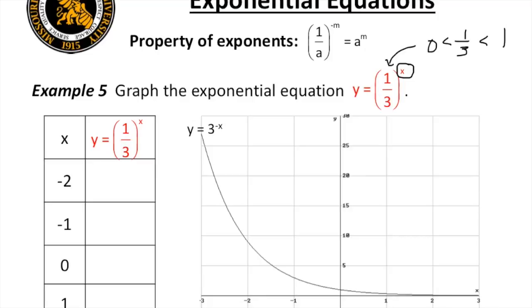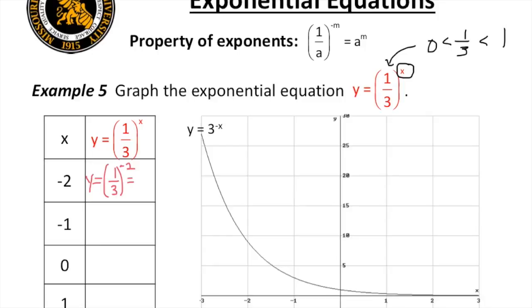However, the graph of y equals 3 to the negative x is still on our coordinate system from example 4, so that we can see how these two equations are similar. So now let's complete the table for the graph of y equals 1/3 to the x. When x equals negative 2, we find that y equals 1/3 to the negative 2 power.